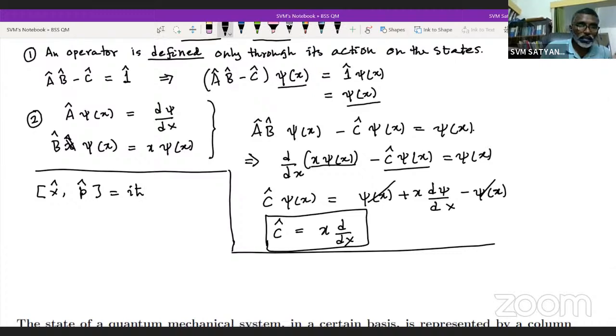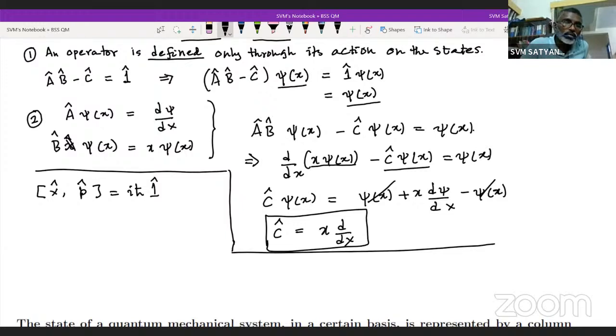How do we understand this relation? This relation is i h cross into identity operator. i h cross is a constant, right? h cross is a constant, i is square root of -1. On the left hand side you have operators, so the right hand side also you should have operators. So when there is nothing like that, you have to understand this is an identity operator.